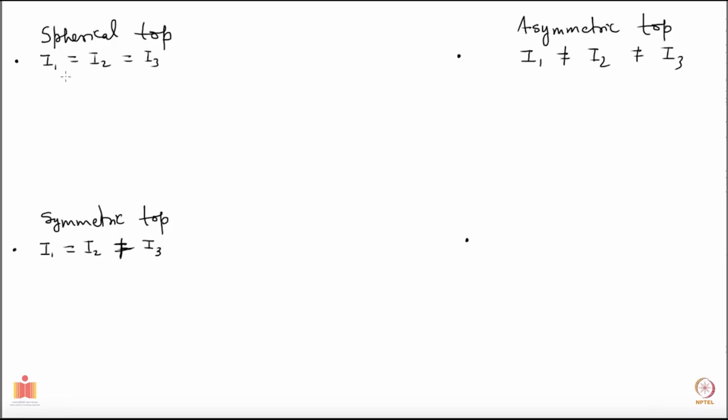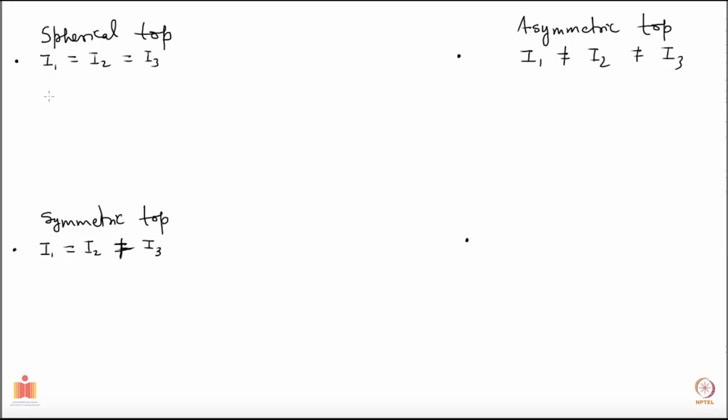Now how would you find the principal moments for a spherical top? Well, any axis will be the principal axis because of this symmetry. If you choose a different set of axes, nothing changes, everything looks the same.